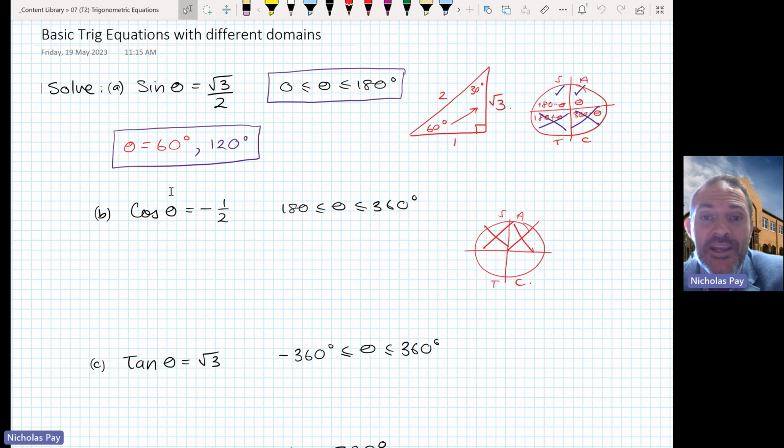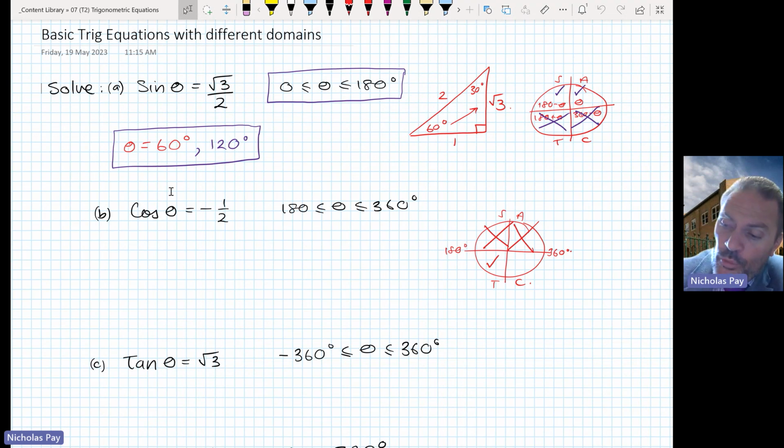I'm only looking at the second 2, because that's 180 degrees or pi and 360 degrees, 2 pi, which basically means because cos is negative, I'm only looking at that 3rd quadrant. So I'm restricted to only one answer here. Again, you can think about the negative and positives at the end of the question or at the beginning of the question. It doesn't really matter.